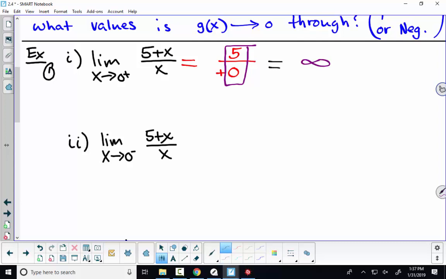But the sign: we've got a positive 5 over really small positive numbers. So really the signs here are giving us positive infinity.